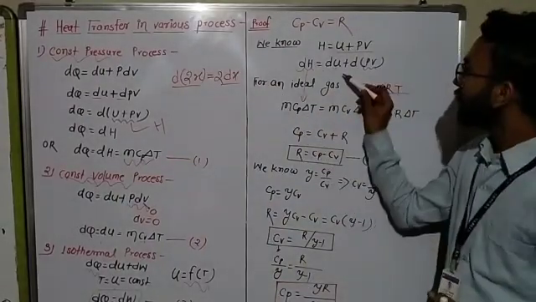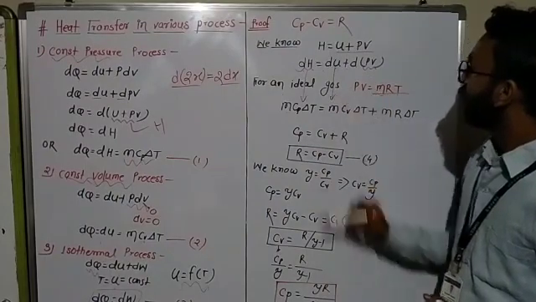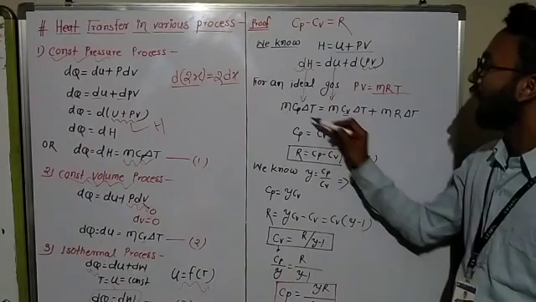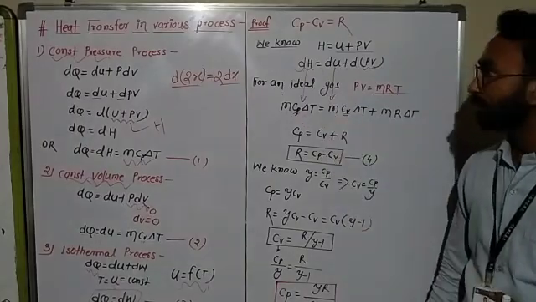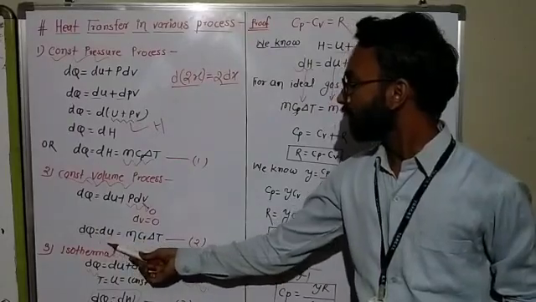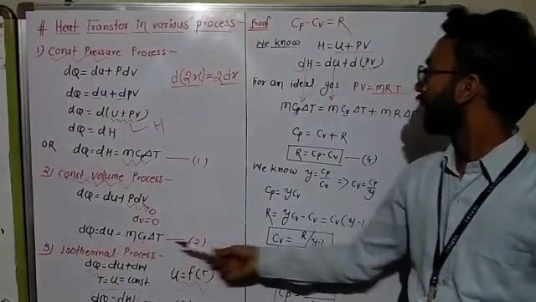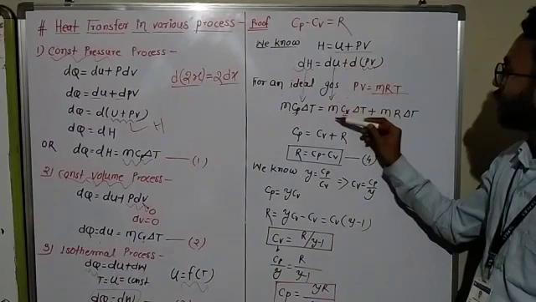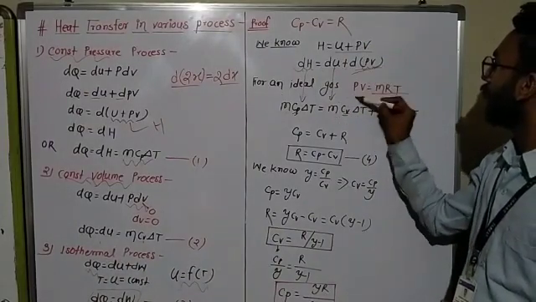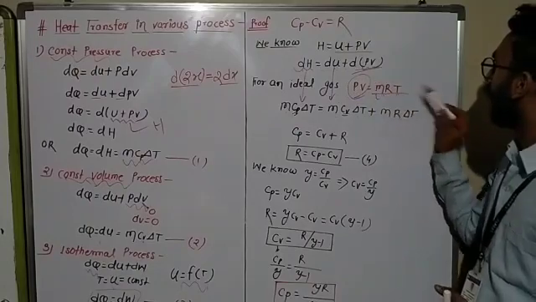Like this, the change in internal energy may be written in the form of m C delta T. This one is Cv and this one is Cp. From equation number 2, dQ or dU is equal to m Cv delta T. Now, this PV can be written in the form of mRT.